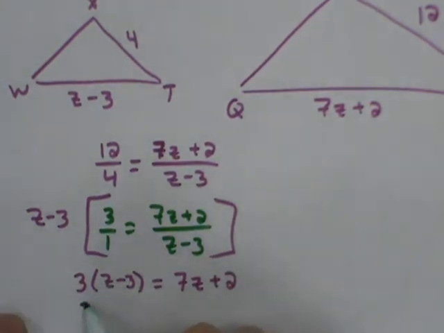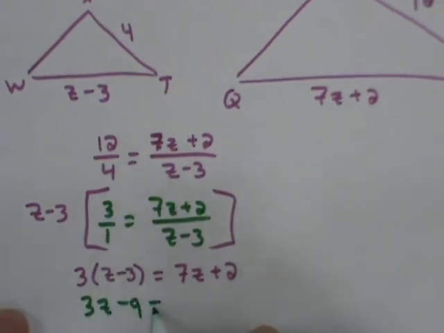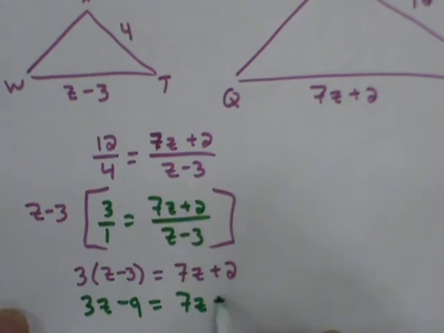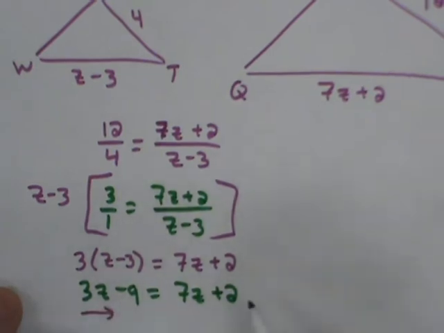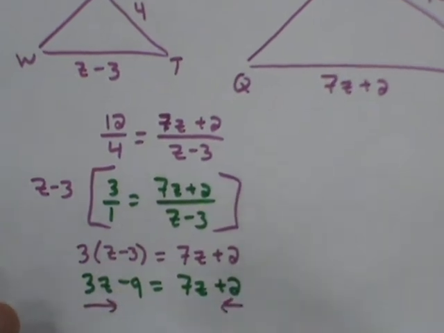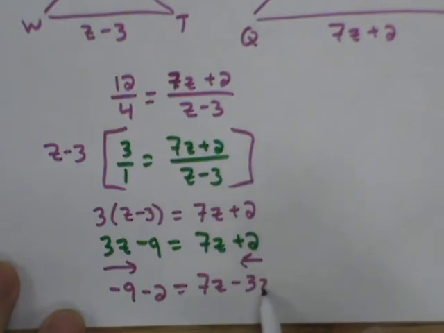As I solve this, we can say 3Z minus 9 is equal to 7Z plus 2. Move my 3Z to the left. I'm going to move the 2 to the right. Uh-oh. I see another problem. Negative 9 minus 2 is equal to 7Z minus 3Z.